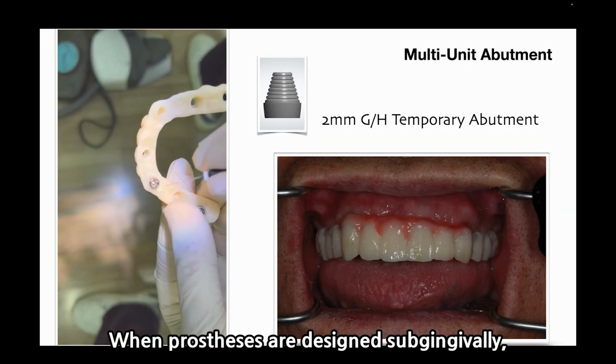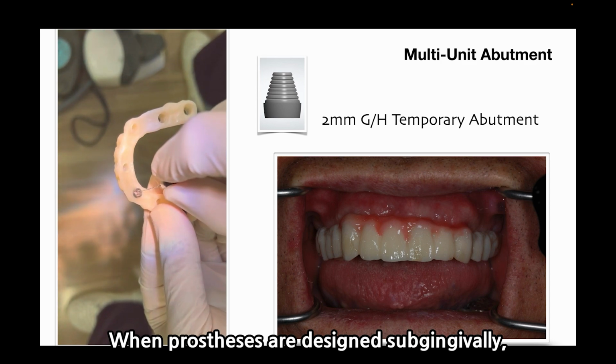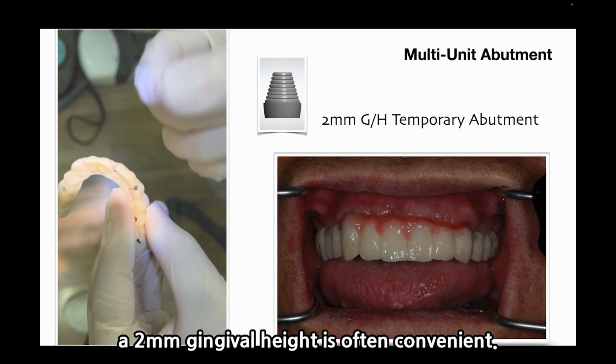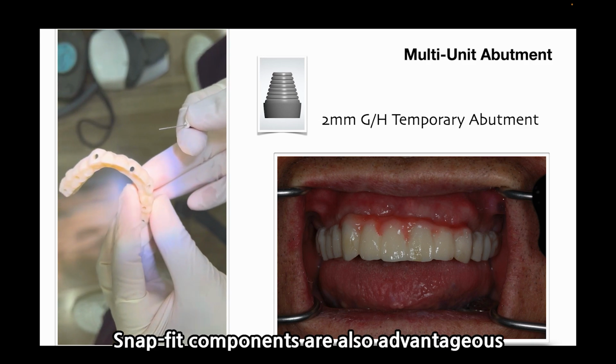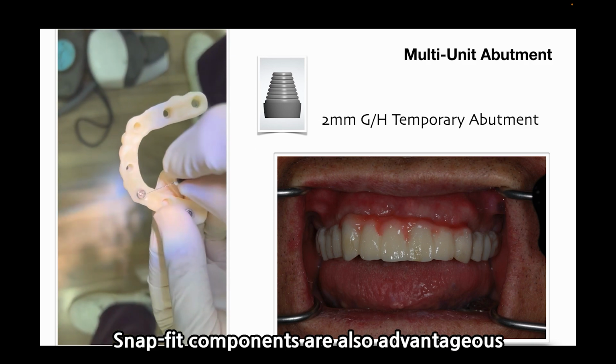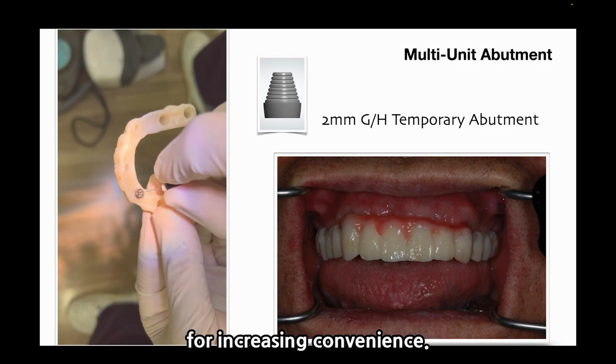When prostheses are designed subgingivally, 2mm gingival height is very convenient. Snap-in components are so advantageous for increasing convenience.